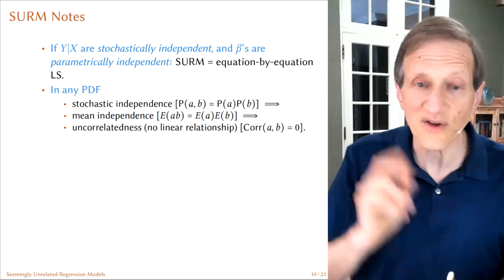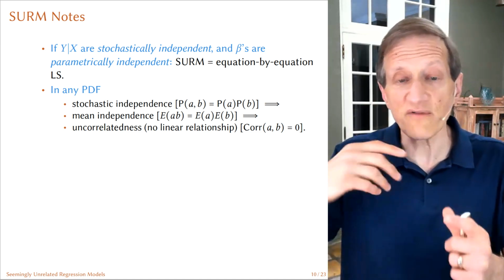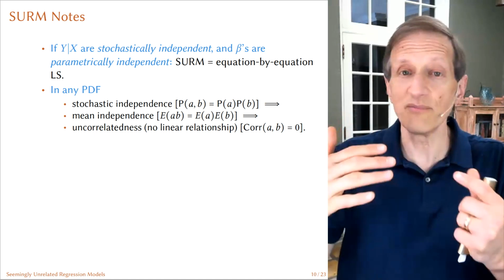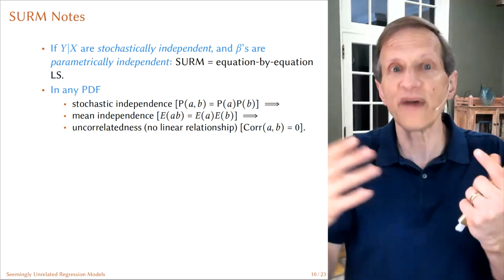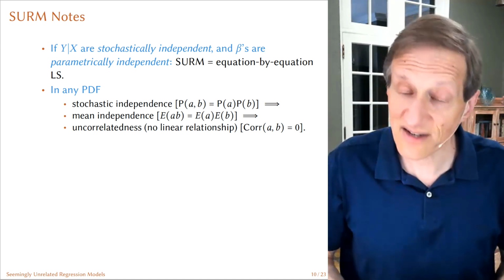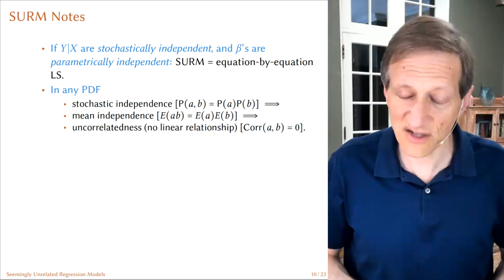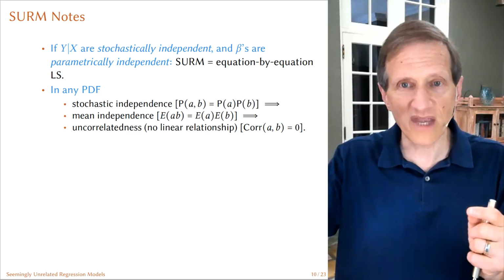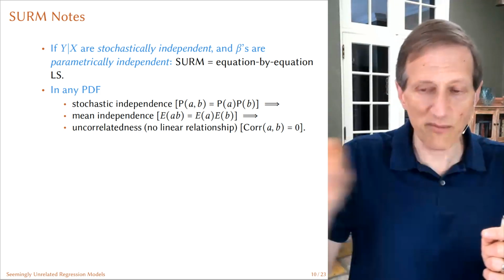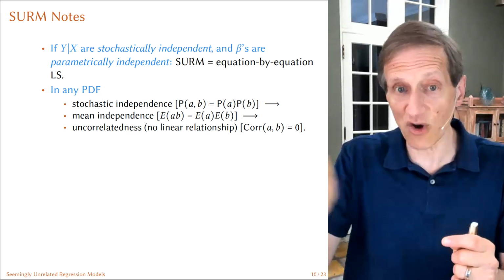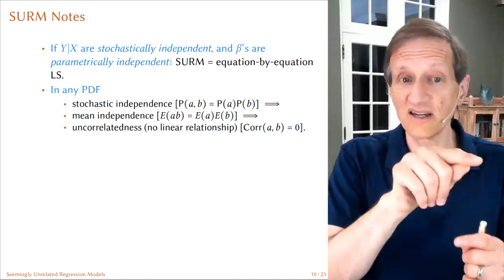So that's stochastic independence. If you have uncorrelatedness, you may still have mean dependence. If you have mean independence, you may still have stochastic dependence. For example, if there's mean independence, so the means are all flat, you'll also have uncorrelatedness.